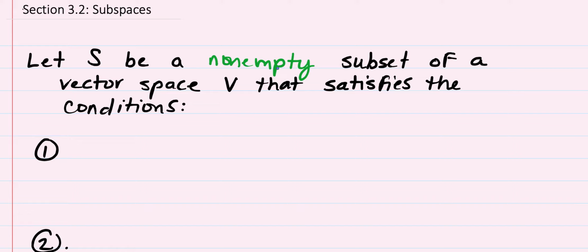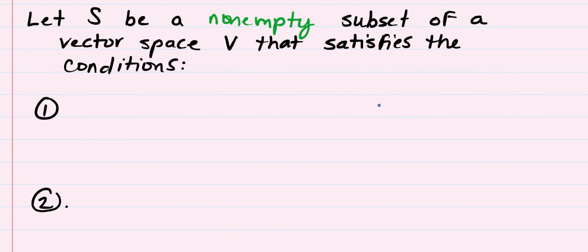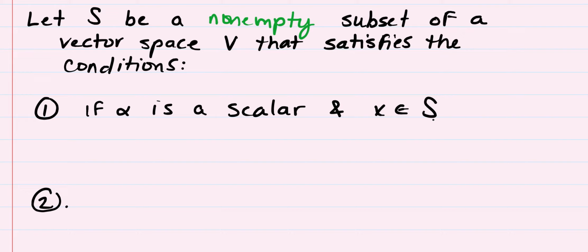So we want S to be a non-empty subset of a vector space, and we want this subset to satisfy 2 conditions. The first condition is if alpha is a scalar and x belongs to your subset, remember it's non-empty, then alpha times x is also a vector and it belongs to your subset.